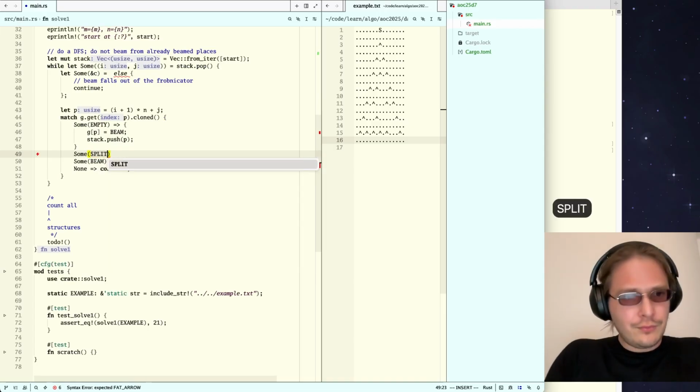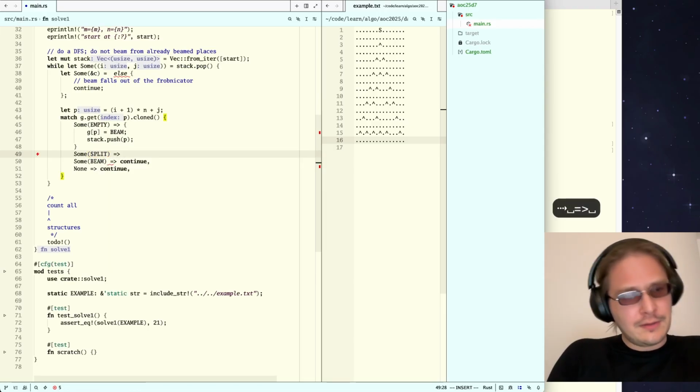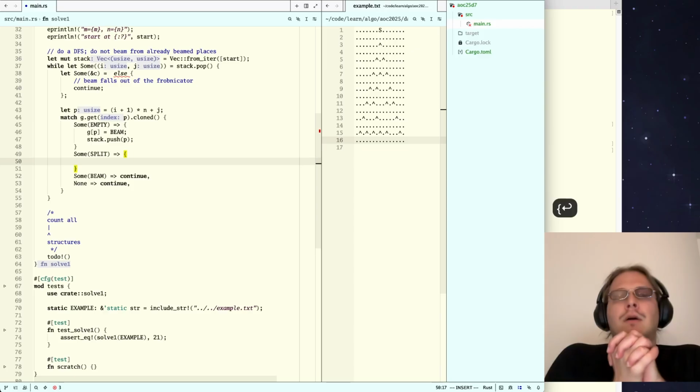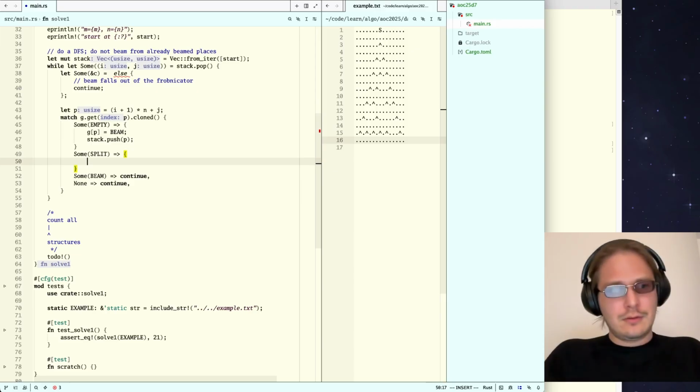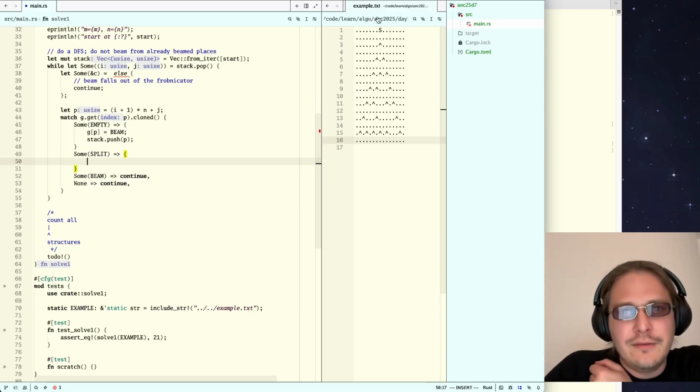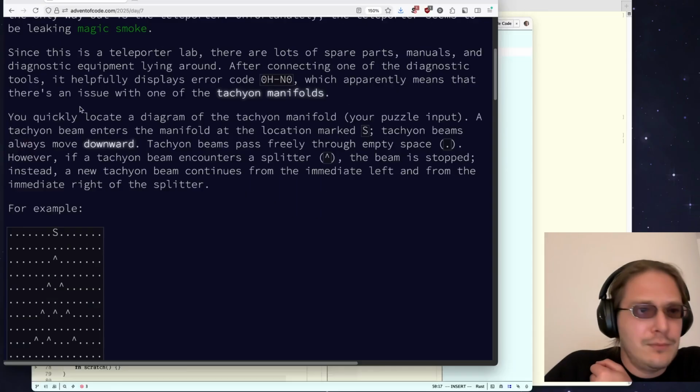So if we see a split, then it becomes interesting. What happens when a beam goes? What happens if the splitter is at the wall? Is the split beam just lost?